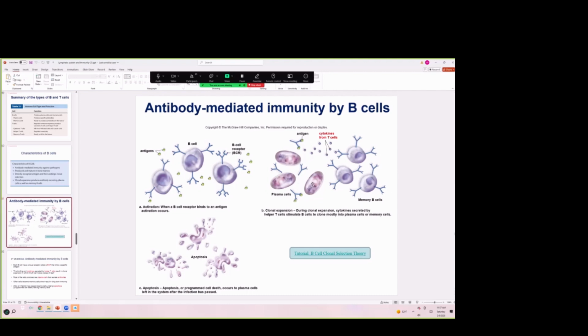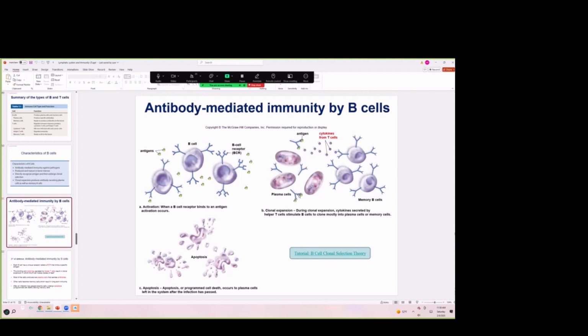Meanwhile, the plasma version of the replicated cell starts shedding these structures called antibodies and making many of these antibodies. It allows these antibodies to go into the tissue, go into the blood, to be able to go now and bind the pathogen represented here in green.